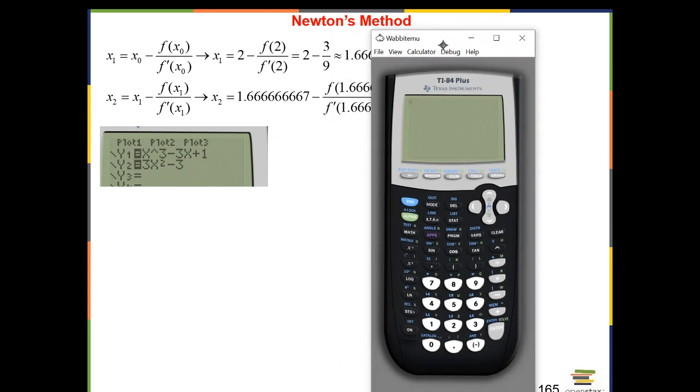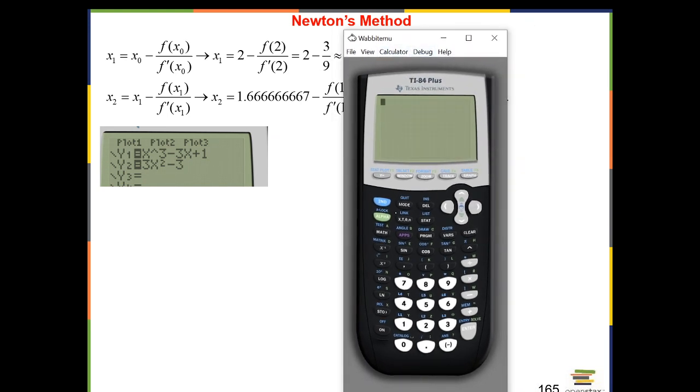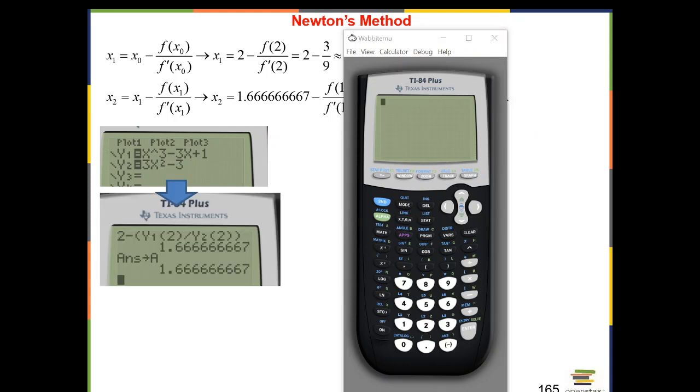We start with 2, right? 2 minus, so we're going to put parentheses. Now remember, we put f in y1, so we go get y1 under variables, y variables, function, and y1. y1 of 2, right?